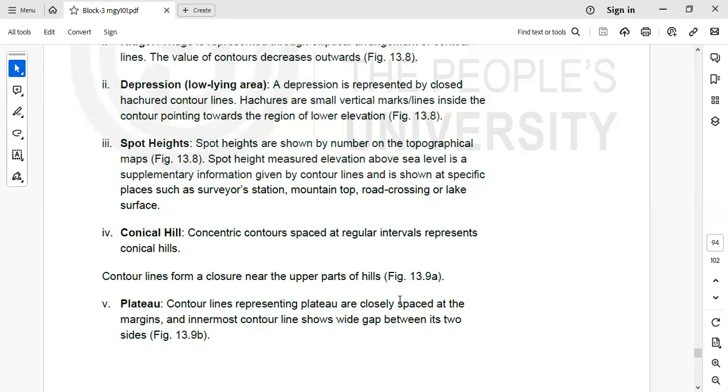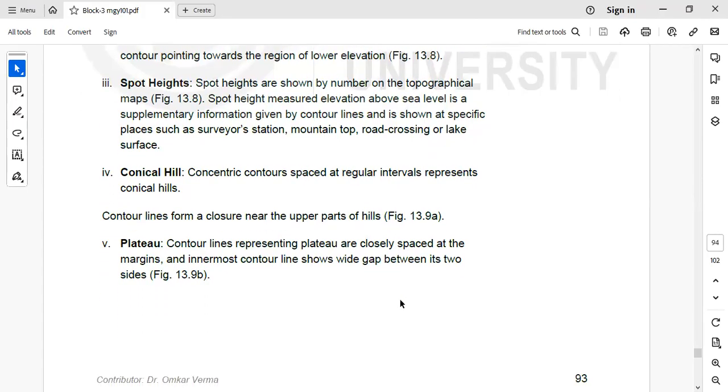So in case of plateau, the contour lines representing plateau are closely spaced at the margin, and the innermost contour line shows a wide gap between its two sides. The innermost represents the topmost part of the plateau, and because of its flat nature, there is a wide gap between the two contour lines of its sides.